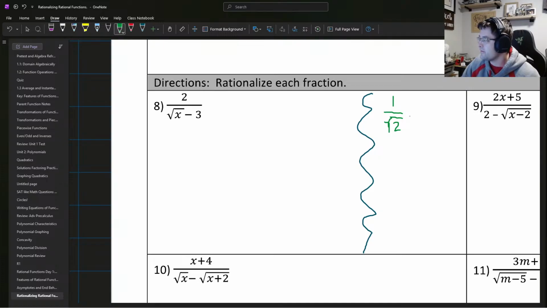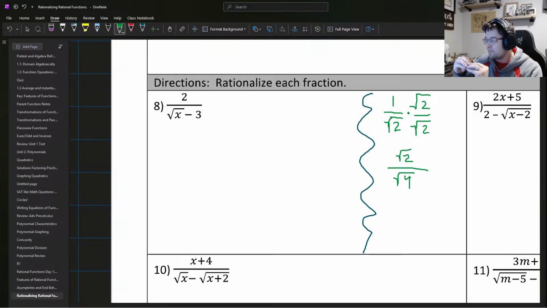It does repeat indefinitely, so we can rationalize this value by multiplying by square root 2 over square root 2. This gives us square root 2 over square root 4, because multiplying radicals multiplies just their arguments, so 2 and 2, and this is square root 2 over 2.